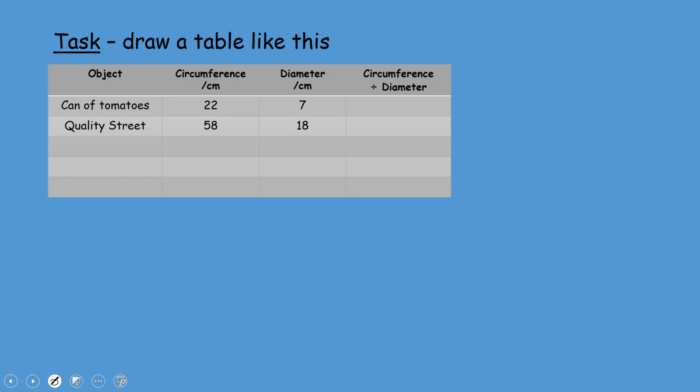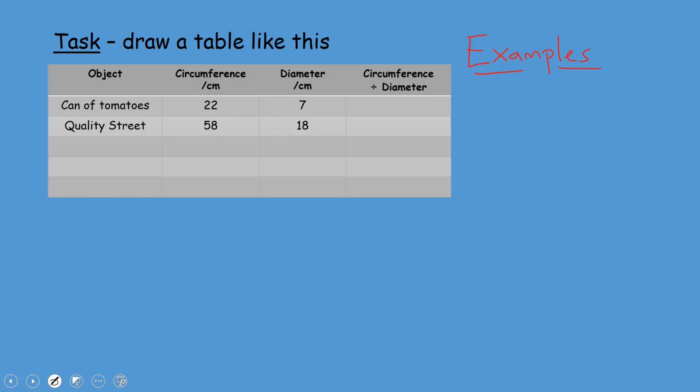And it says there, look, it's the circumference divided by the diameter. So now we're using a calculator. Okay, so this is my examples that I'm going to be doing. If you could write this down.